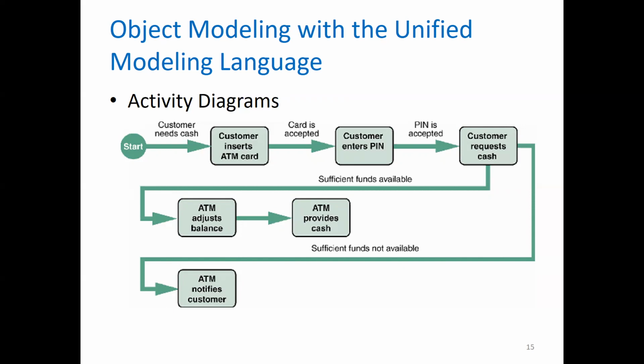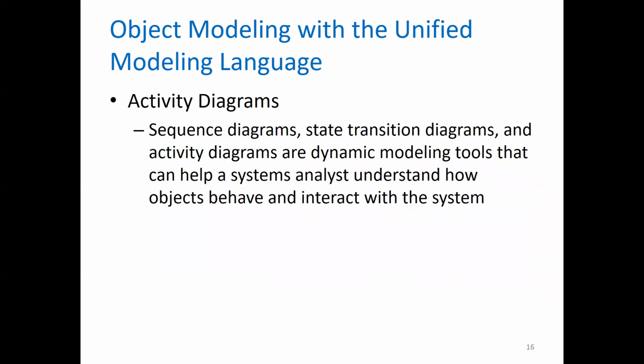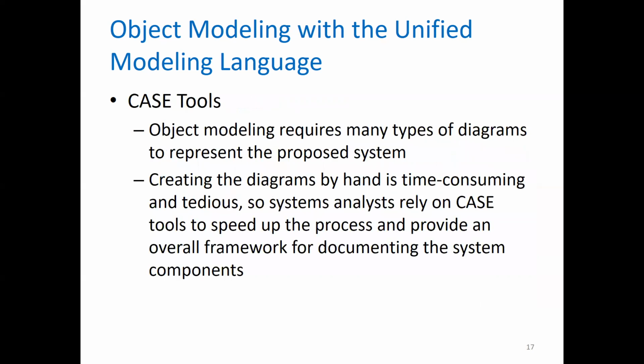Okay, so that is the activity diagram. Sequence diagrams, state transition diagrams, and activity diagrams are dynamic modeling tools that can help a system analyst understand how objects behave and interact with the system.